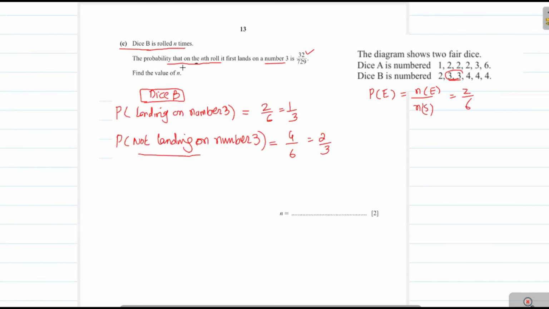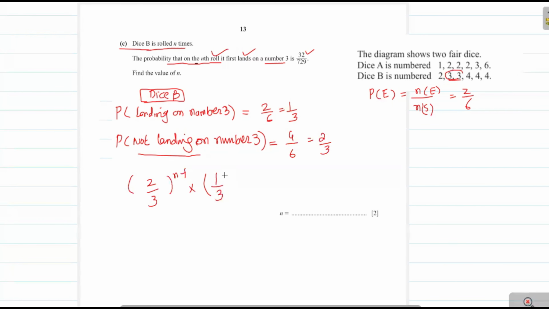Now you see here the probability of not landing on number 3 is n minus 1 times. Therefore, we write 2 over 3, but the probability of landing on number 3 is first time on nth roll. Therefore, it occurred on only one time.